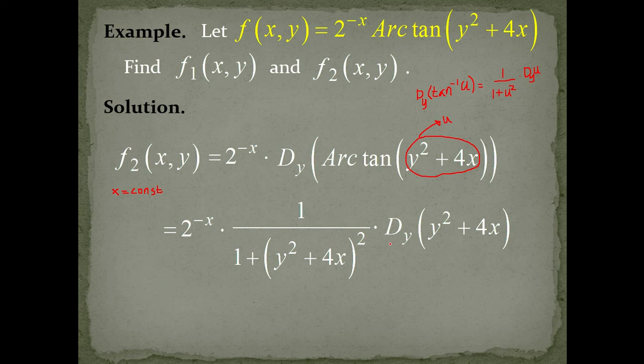So since we're differentiating the function partially with respect to y, then x here is considered as constant. So when you differentiate 4x with respect to y, 4 times x is a constant, so derivative of constant is equal to 0. In other words, y squared is the only part that we need to differentiate partially with respect to y. Using the power formula, this would be equal to 2y.